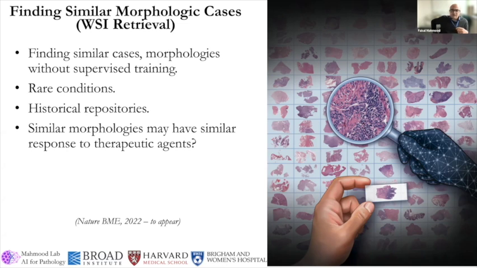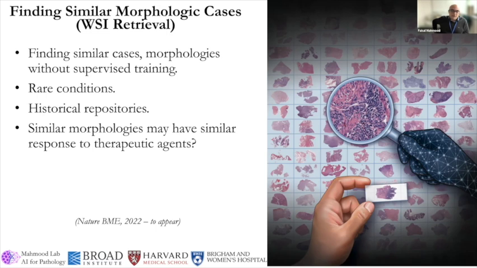Finding cases with similar morphologies opens up AI for rare conditions, because we never have enough cases available to train conventional AI models for some of these rare conditions. It also opens up the possibility of doing something with historical repositories. If you have a large historical repository with millions of slides where you don't have electronic pathology medical records, it's almost impossible to use them.